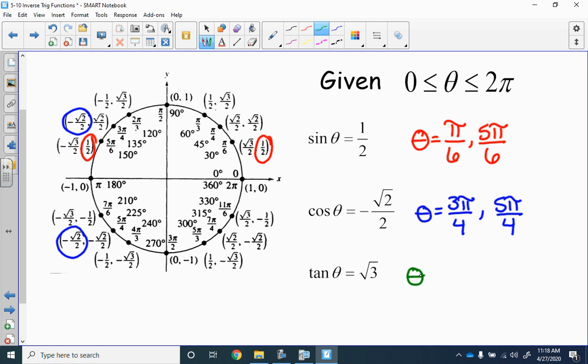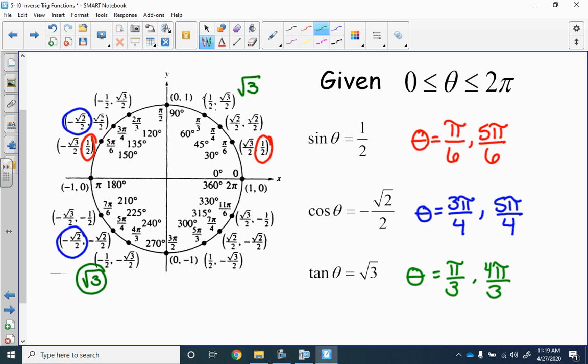Well, for tangent to be positive, it would have to be in quadrants 1 and 3. And where we have the square root of 3 is at pi over 3 and at 4 pi over 3.